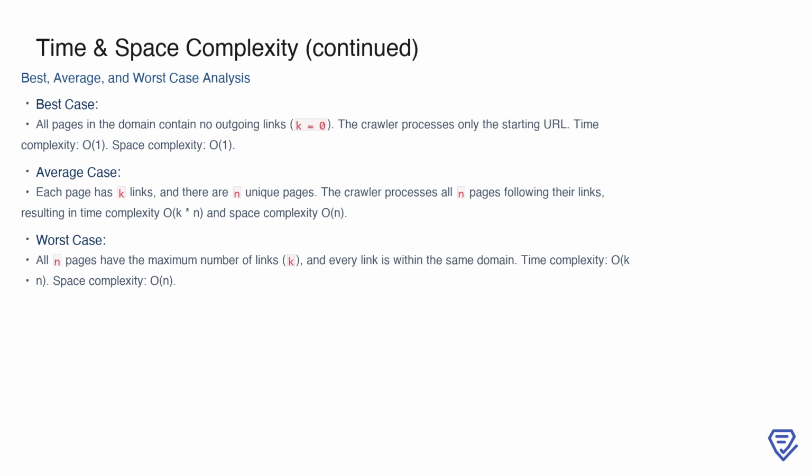The crawler processes all n pages and their links, resulting in a time complexity of O(k*n) and a space complexity of O(n). Finally, in the worst case, all n pages have the maximum number of links, and every link remains within the same domain. This results in the same asymptotic time complexity of O(k*n) and space complexity of O(n), as the crawler must process all links while managing the same number of unique URLs.